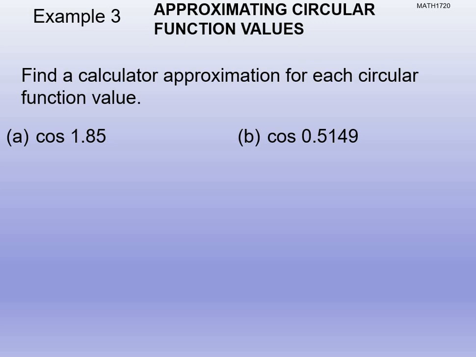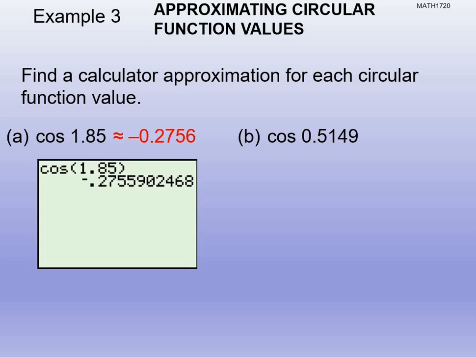Remember, when we see them as decimals like this, I want you to make sure that you're thinking of radians. So we want to find the calculator approximation for each one of these. First thing that you need to do is make sure your calculator is in radians mode. So make sure that you hit mode, go down to radians, hit over and hit enter. Now it's pretty straightforward from here. You're going to hit cosine of 1.85 in your calculator and hit enter.